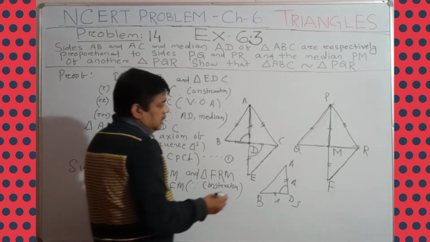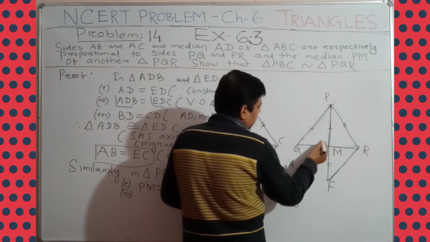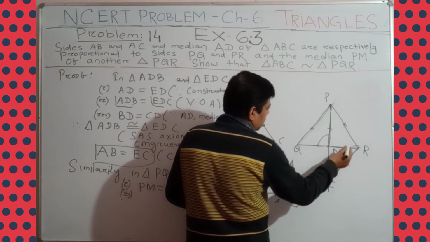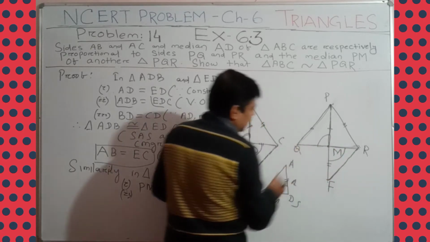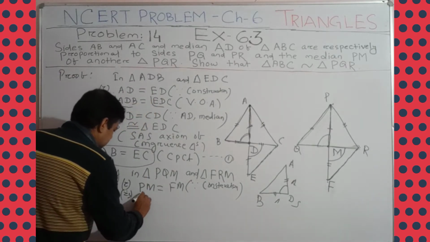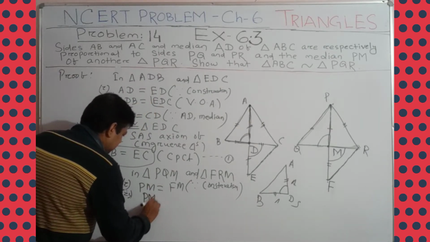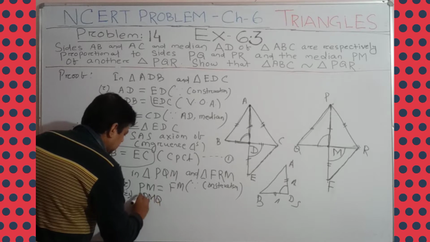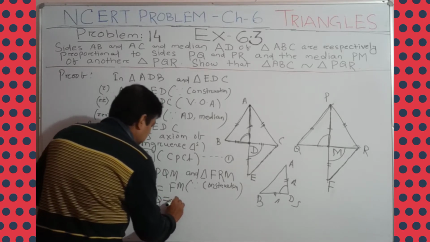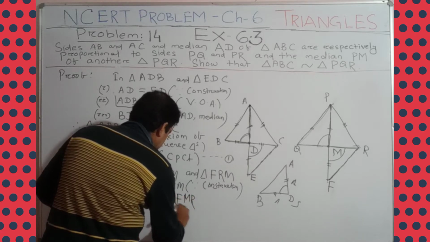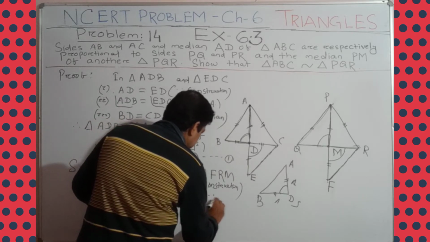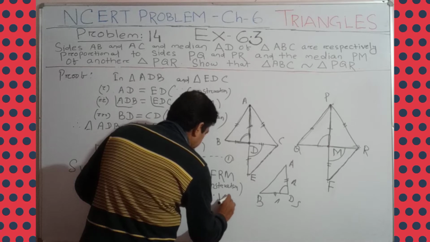Again, you see the PMQ angle is equal to the FMR angle, vertically opposite angles. PMQ angle is equal to FMR angle, since vertically opposite angles.